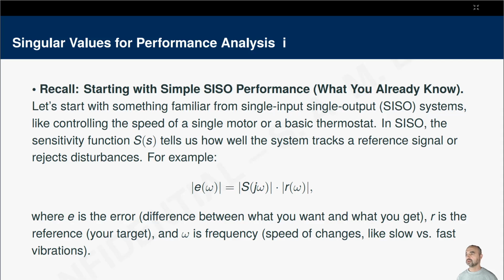And now I think we were here. So I've just updated some of the slides. I'm going to start with simple SISO performance, what you already know, and then I've added some text to what we had.